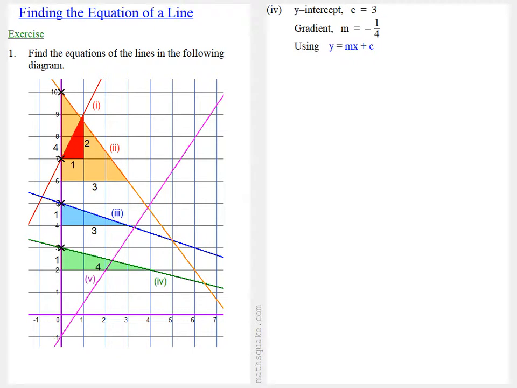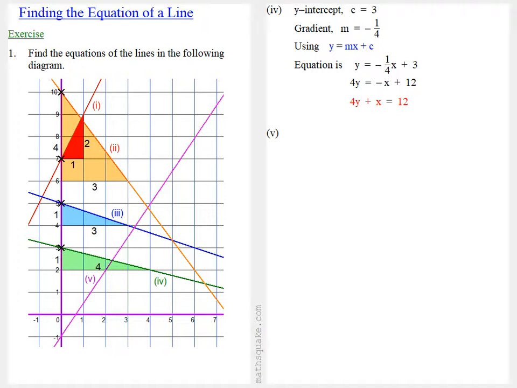So substituting in y equals mx plus c, we have the equation is y equals minus 1/4 x plus 3. And if we multiply both sides by 4, we get 4y equals minus x plus 12, or we can write that as 4y plus x equals 12.